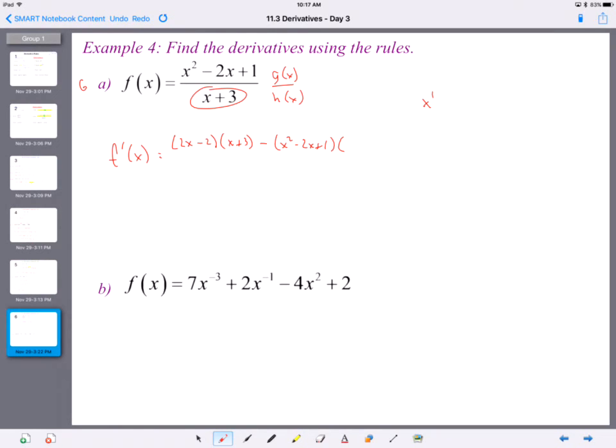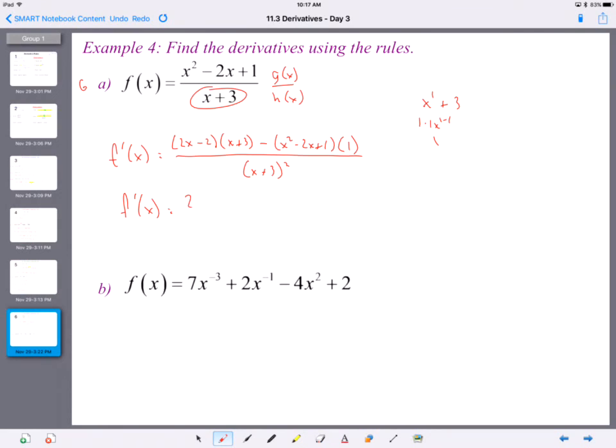Well, that's x to the first. We know the plus 3 is going to be 0, so what's the derivative of x to the first? Well, it's 1 times x raised to the 1 minus 1, which is just x to the 0. So what does it end up being? Just 1. And all of this is being divided by the denominator squared, which is x plus 3 squared.